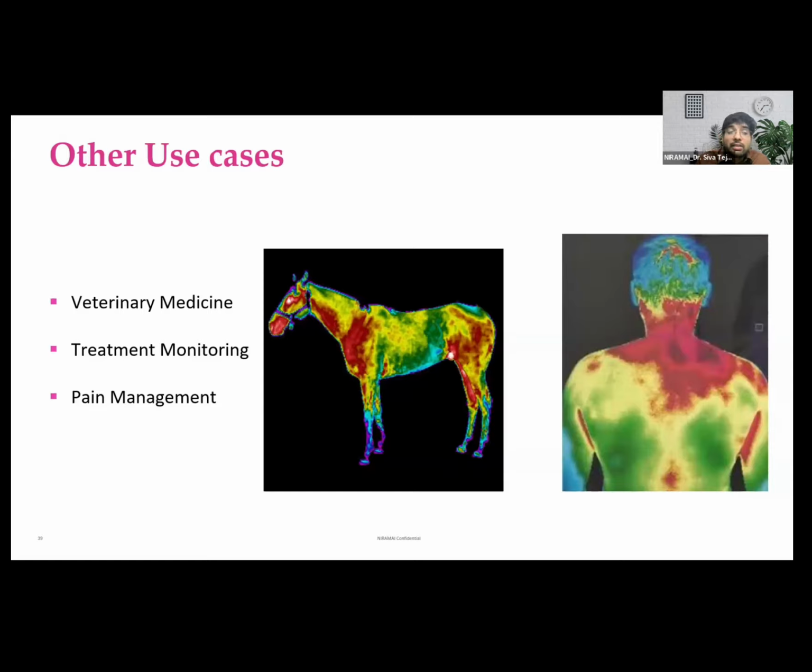That's where thermal cameras can easily point out any localized heat patterns which are at high temperatures. That can help the veterinary doctor to recommend a specific treatment or diagnostic regime. Otherwise, it's very hard to understand where the problem is, especially when dealing with veterinary medicine.